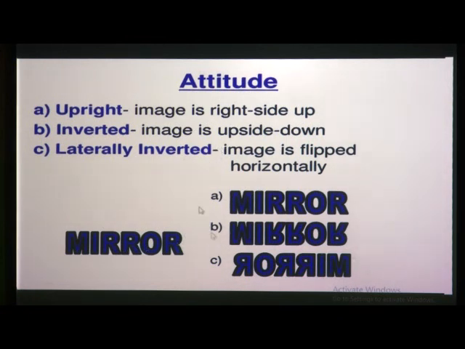When we see the laterally inverted image, R is near the mirror, then after R it is O. Remember, from the mirror we go one alphabet at a time towards the M. So from the mirror, the first alphabet is R, then O, then R, I and M.